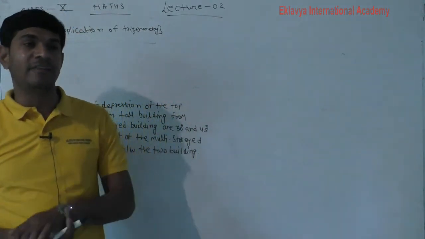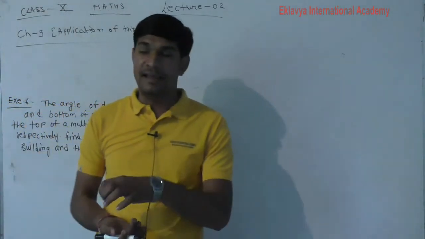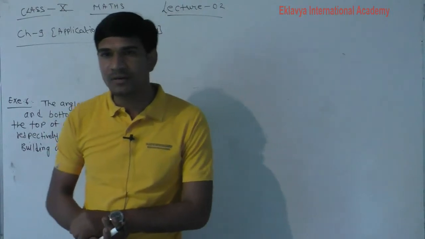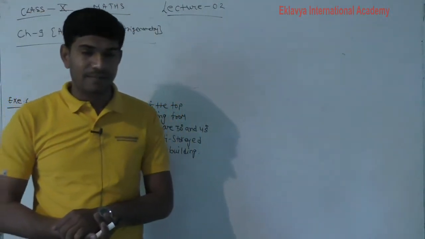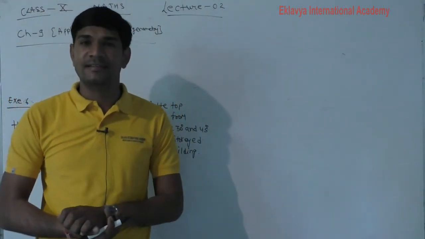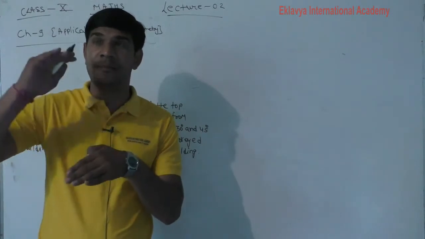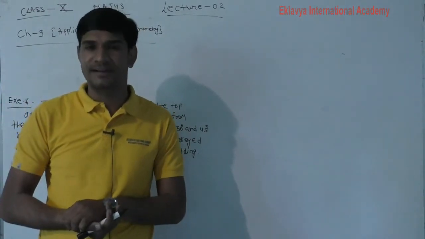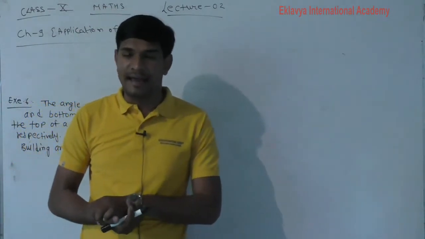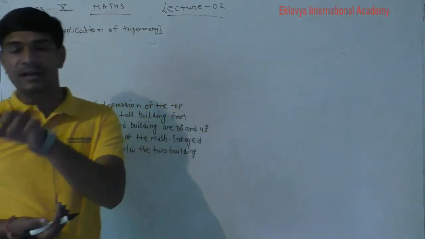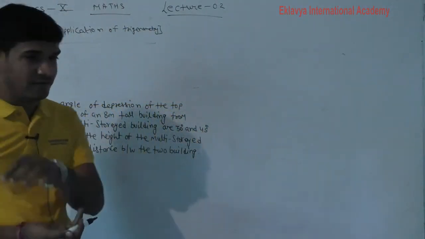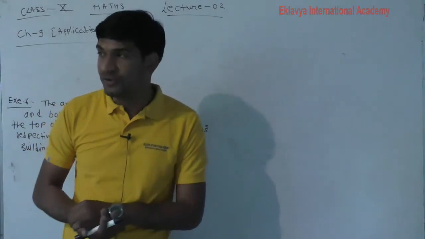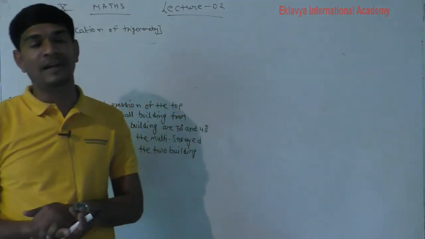So when is the angle of elevation formed, students, and when is the angle of depression formed? When we raise our eyes upward to see the object, the angle formed between the observer and the object with respect to the horizontal line is known as the angle of elevation.